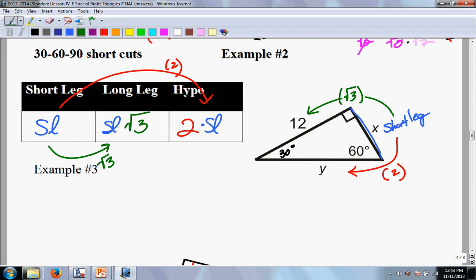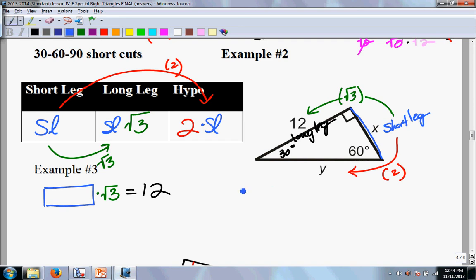So taking a look at our example here, for x and y, we're missing the short leg, but we have 12 as the long leg. So I'm going to set it up like this. The short leg times root 3 gave us the long leg, which in this case is 12.